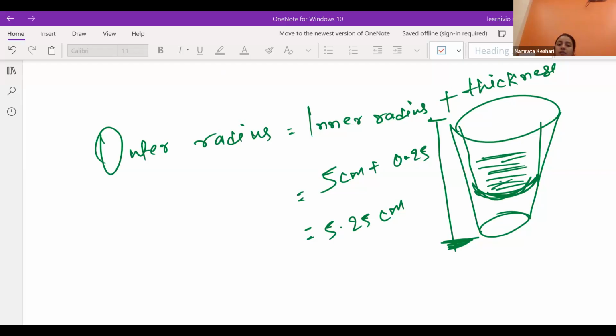Outer surface area of the bowl is 173.25. Rest of the students, please check it. Are you getting 173.25?